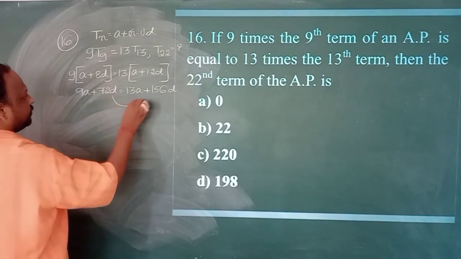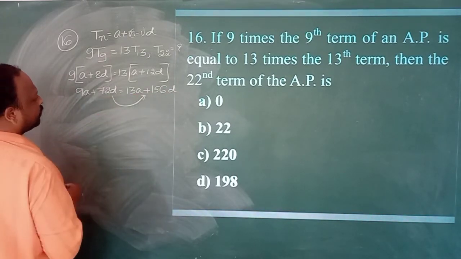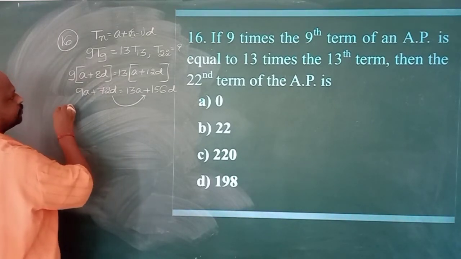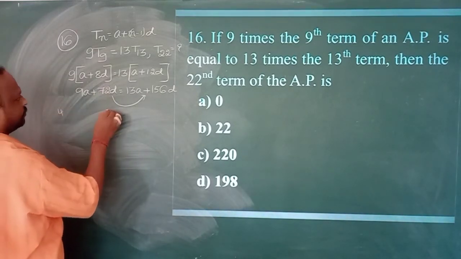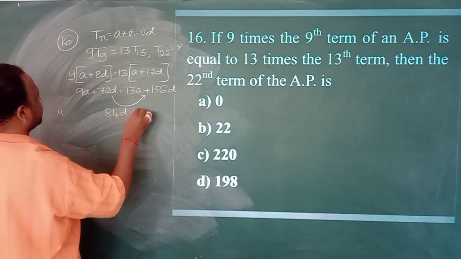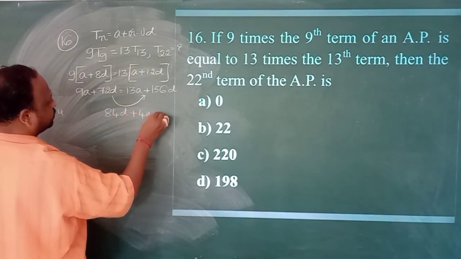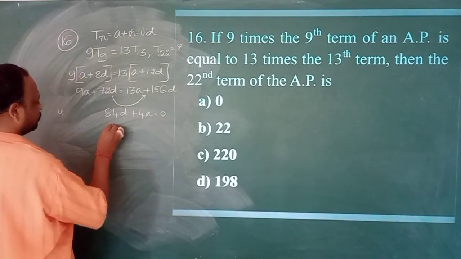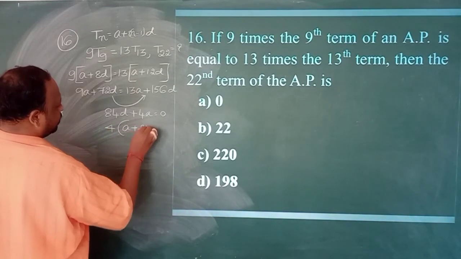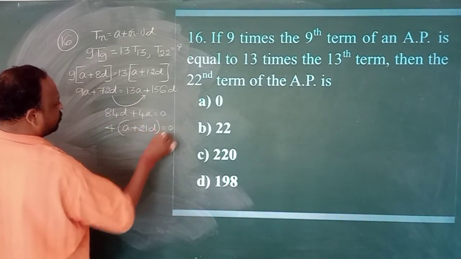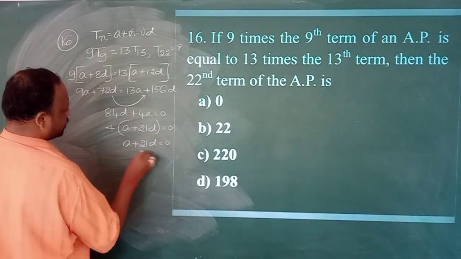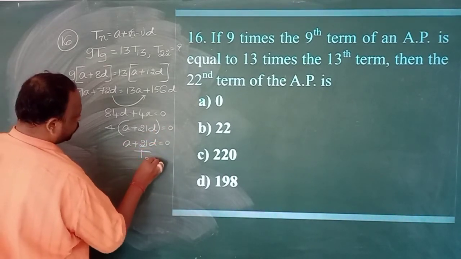So this will be 156 minus 72, that is 84. 84d plus 4a is equal to 0. Taking 4 common, a plus 21d is equal to 0. This will be T22.